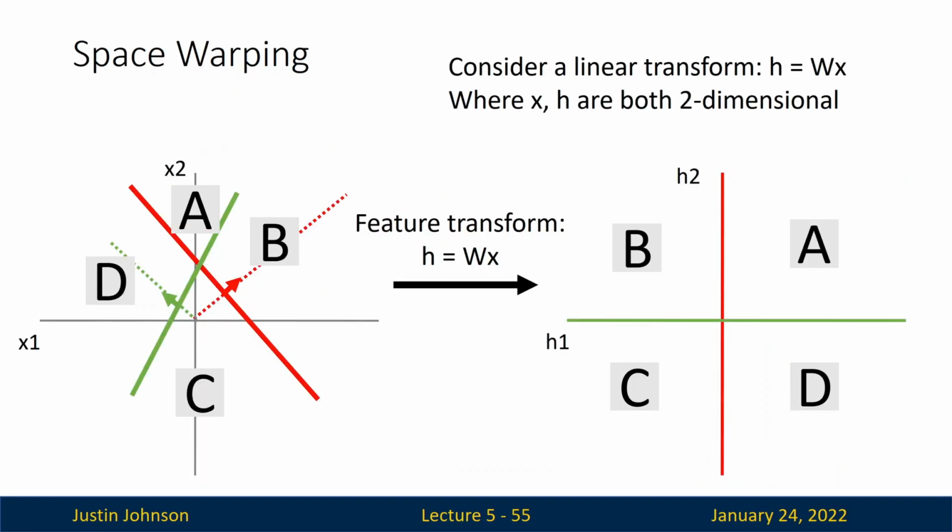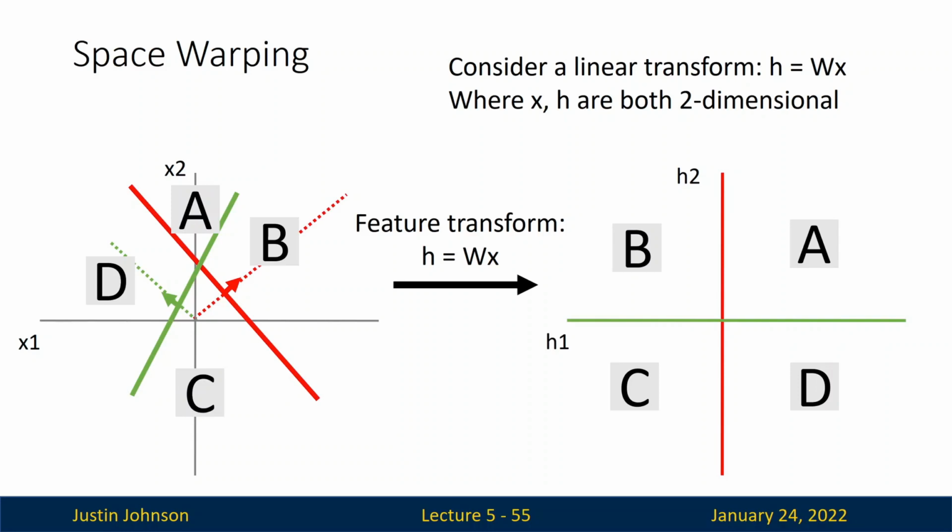Say we have a linear classifier, and suppose we have two classes. So we have two linear classifiers, shown as the two hyperplanes, the red one and the green one. The two hyperplanes separate the Cartesian coordinates into 4 regions, A, B, C, D. If we use feature transform, then we can create a new coordinate like this one.